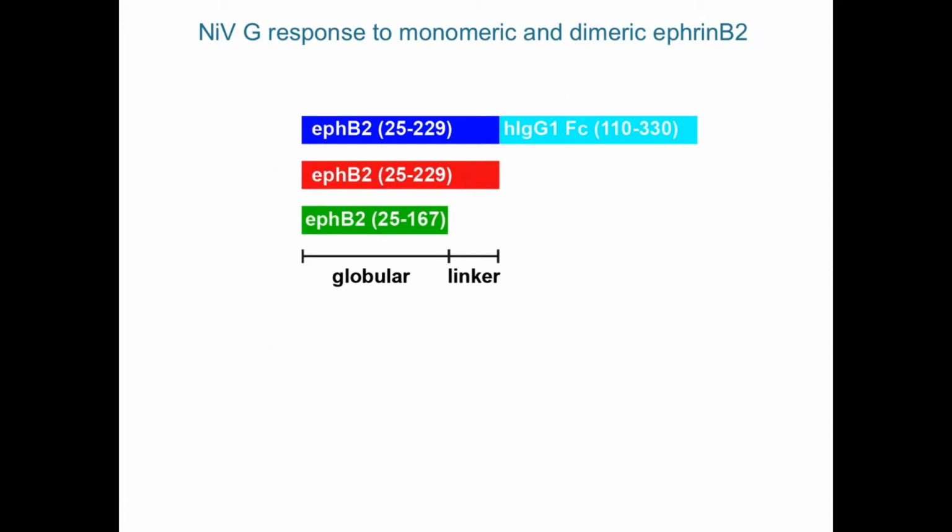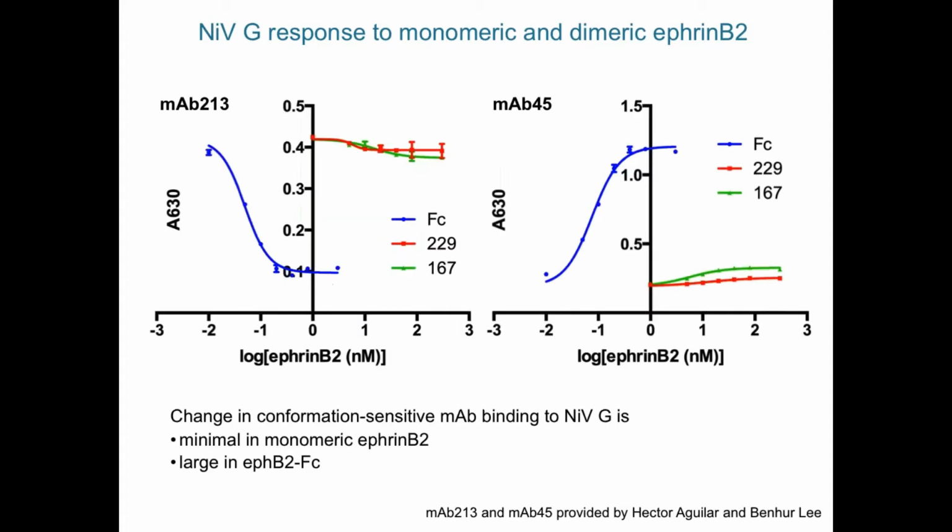So we compared the effects of dimeric FNB2 constructs to two monomeric constructs. These monomeric constructs are the full ectodomain of FNB2 up to residue 229, as well as only the globular domain of FNB2 up to residue 167.